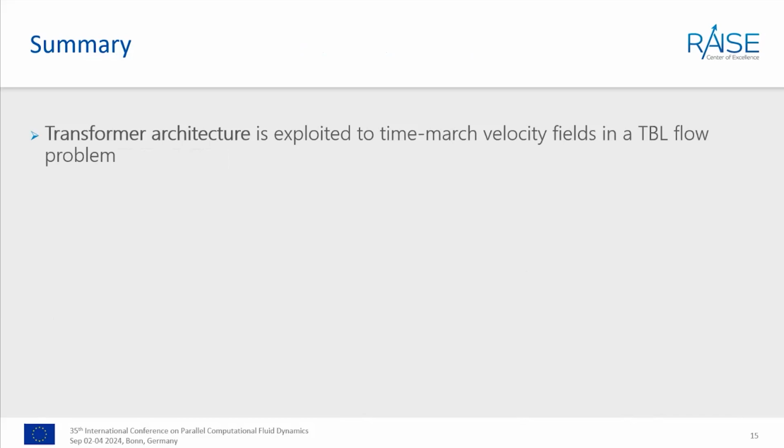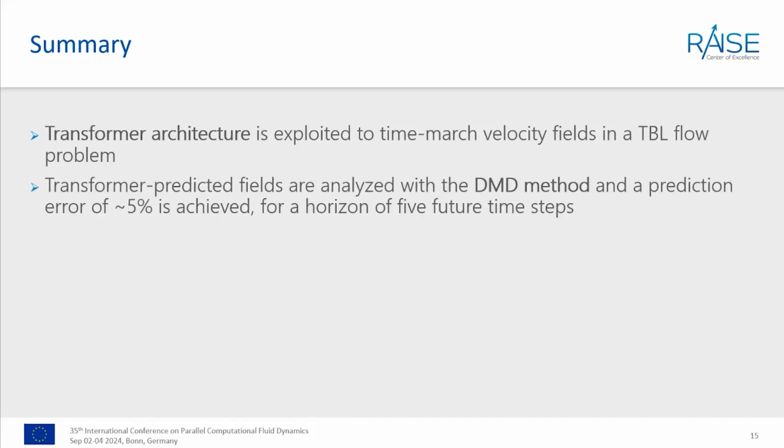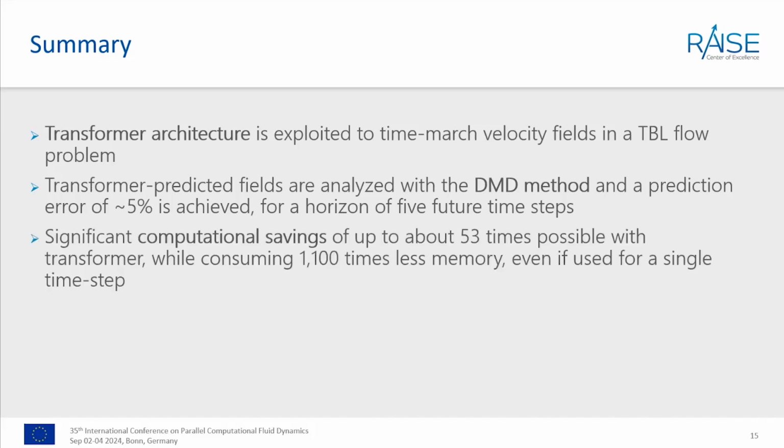So that brings me to the conclusion. We showed the transformer architecture and exploited it for time marching velocity fields in a turbulent boundary layer flow problem. We analyzed the predicted fields with the dynamic mode decomposition method, and we were able to achieve an error of less than or equal to 5% for a horizon of 5 future time steps.